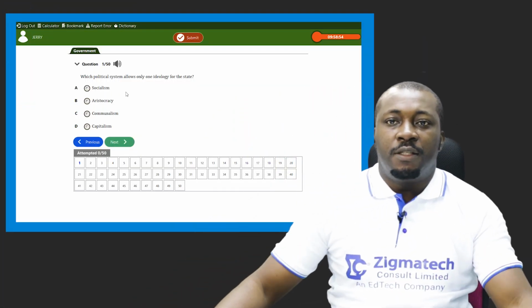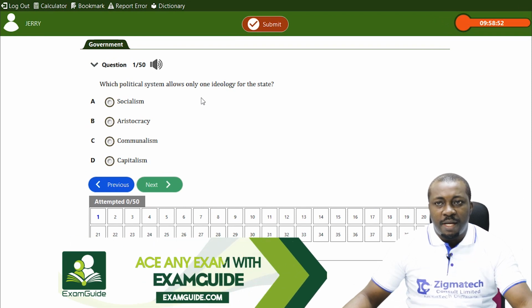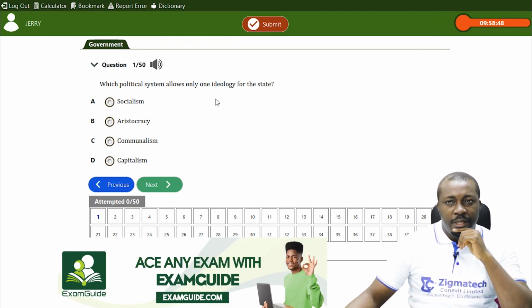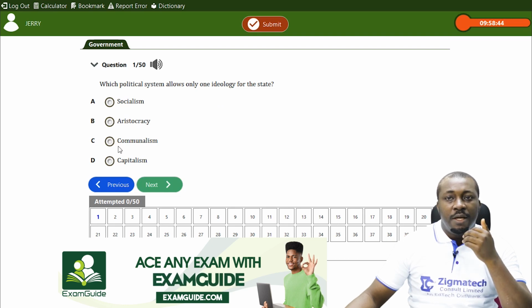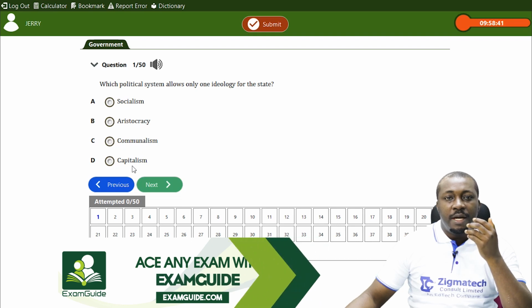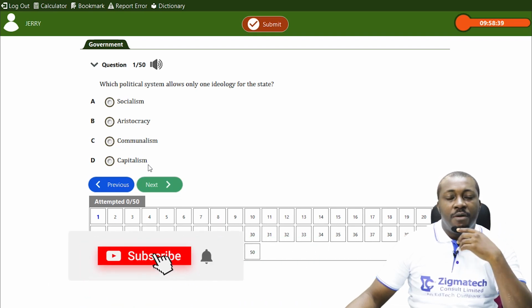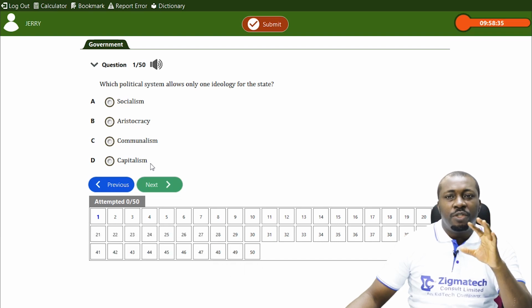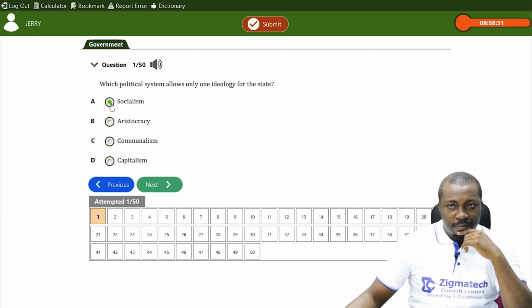Now, the first question says, which political system allows only one ideology for the state? Is it A, socialism, B, aristocracy, C, communalism, D, capitalism? Now, the only one that allows one ideology, socialist ideology, in a state is socialism.